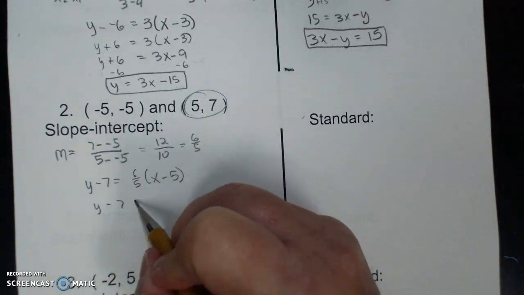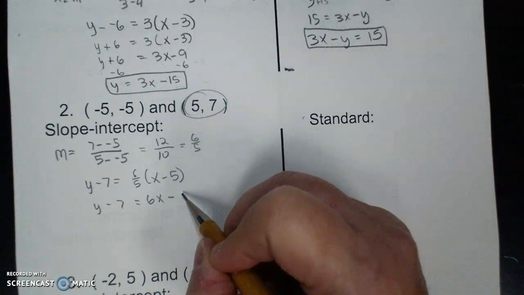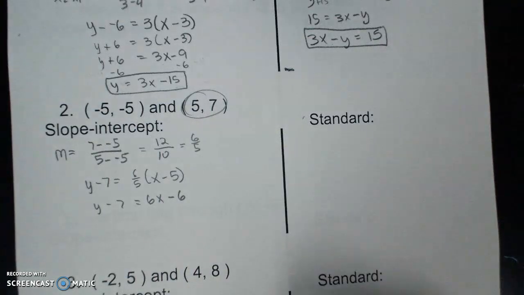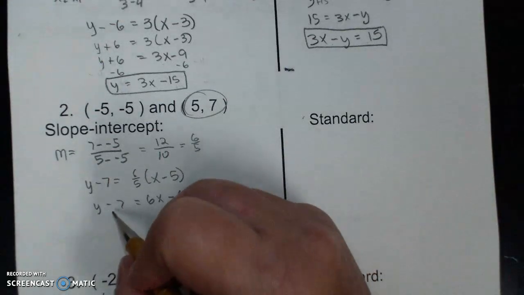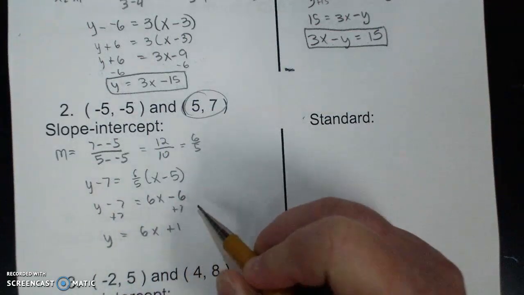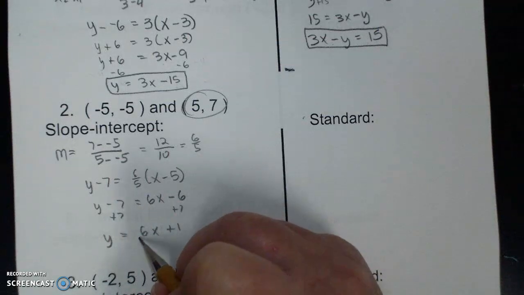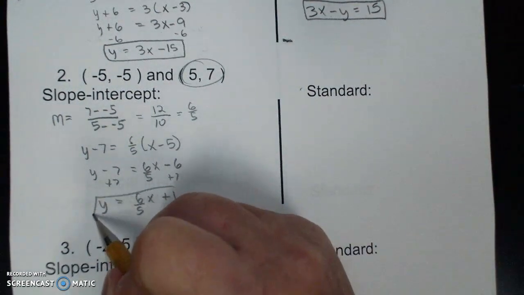That is y minus 7 equals 6/5 x minus 6. Add 7, y equals 6/5 x plus 1. Very much blew that.